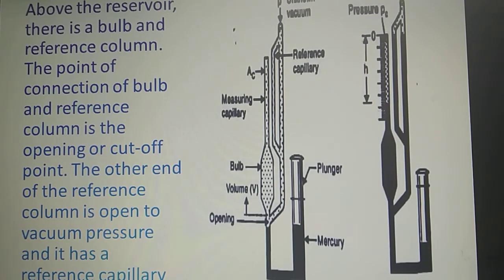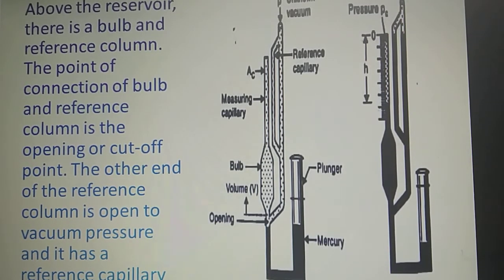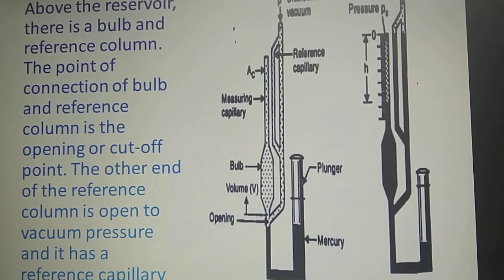Above the reservoir there is a bulb and a reference column, you can see in the diagram. So above the mercury reservoir we have a bulb. So this is a bulb, as my cursor shows, and the reference column. The point of connection of the bulb and the reference column is the opening of the cutoff point. That means this, right?